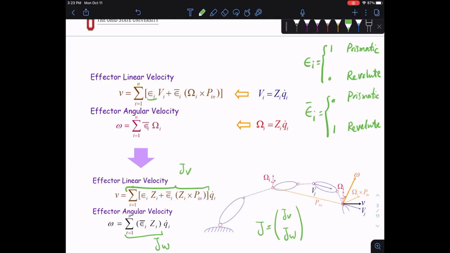Plus, if we have a revolute joint previously that will have an effect, creating a linear velocity, what do we have to look at? Epsilon naught is just whether it is revolute or prismatic, so not very important, but then you have the axis, right? Cross product of the distance.